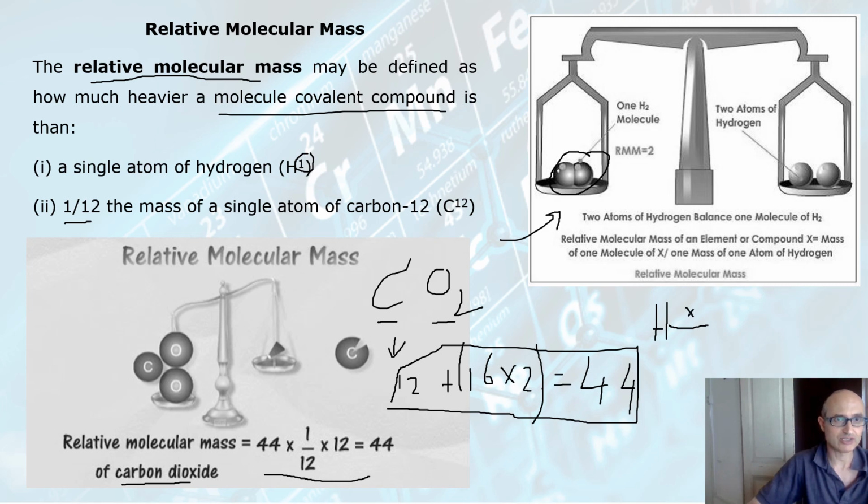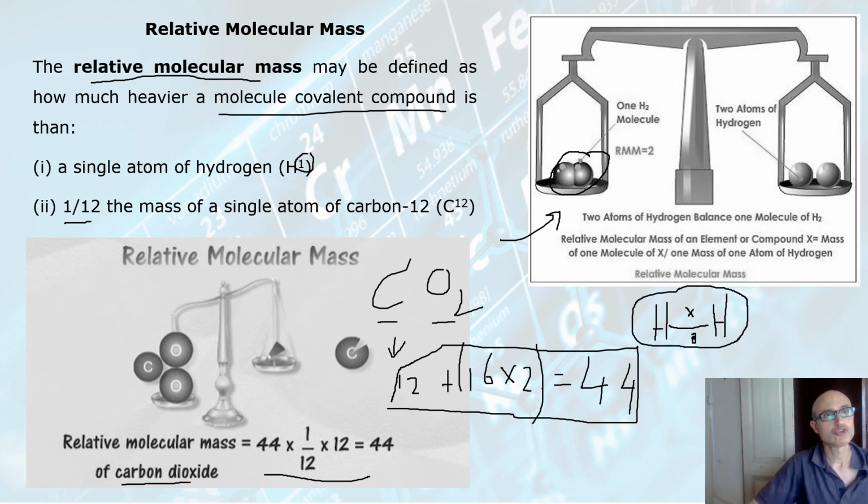A second hydrogen atom will bring another electron. They will connect together using a single covalent bond. So the whole thing is a hydrogen molecule, H2 molecule. It has an RMM of 2, meaning it weighs twice as much as a single hydrogen atom.